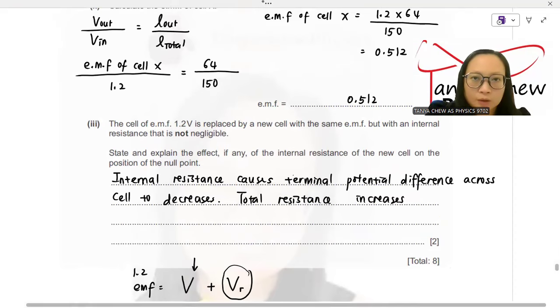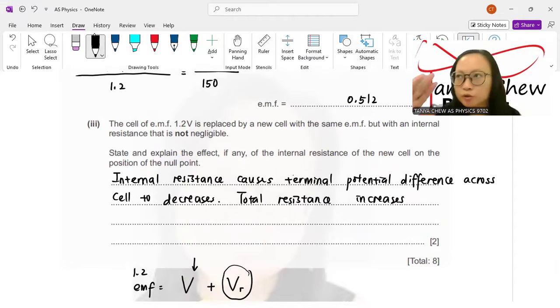If you want to get it 0 again, you shift the position because the total resistance increases, so you shift to the right hand side.